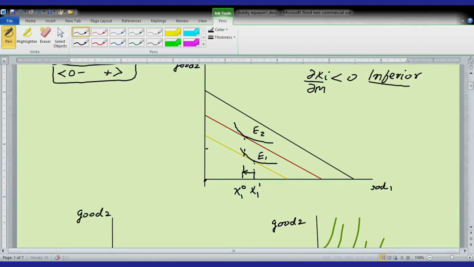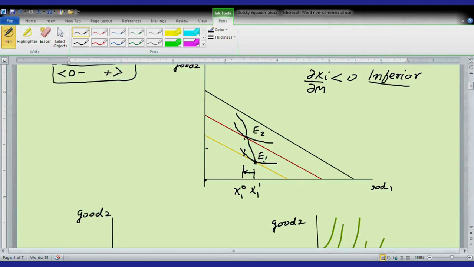If we connect these tangency points this time, we see that the income expansion path will be negatively sloped, and this indicates that one of the goods is an inferior good. Inferior in the sense that as income increases, we like to consume less of the inferior good.